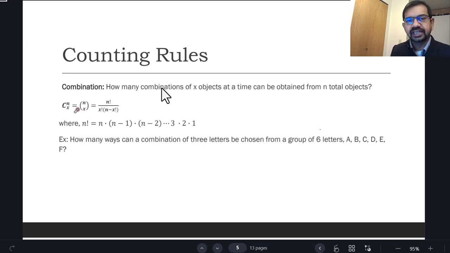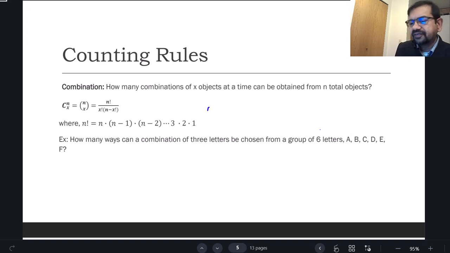So the calculation that gives us the number of ways in which we can choose x objects from n is given by nCx, or n combination x. And it's given by n factorial divided by x factorial times n minus x factorial. What is n factorial? n factorial is the number formed by multiplying n with n minus 1, n minus 2, all the way to 1.